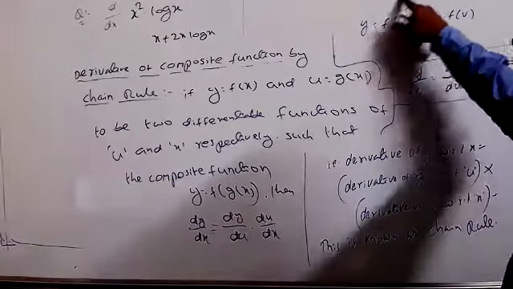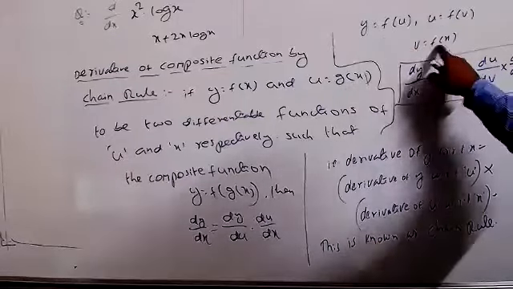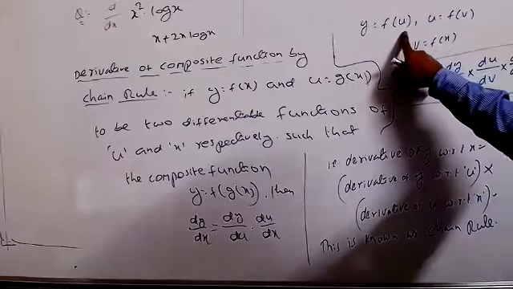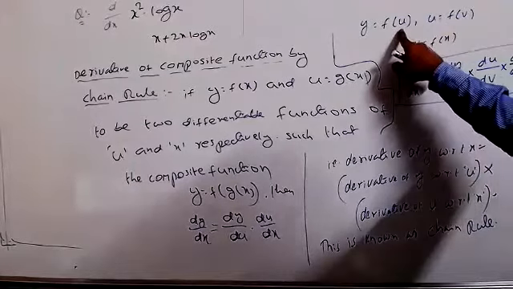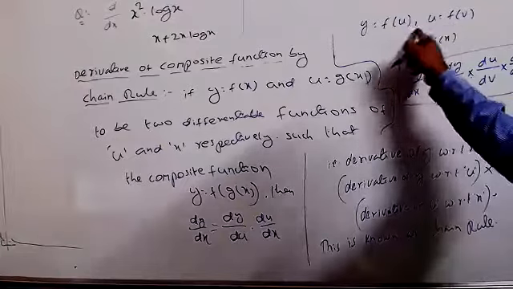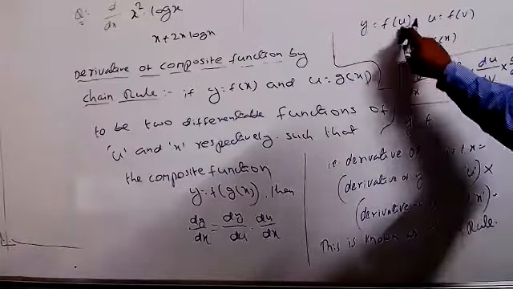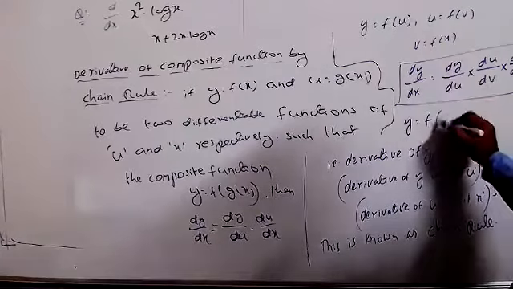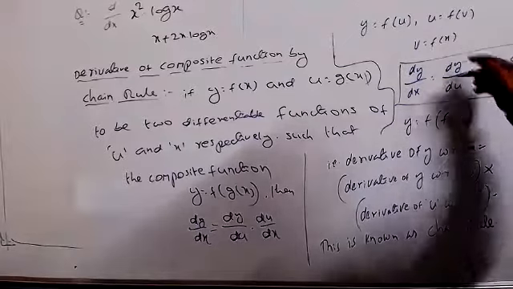But here, all these functions are composite to each other. Here u and v are the composition of y equal to f of u. Whatever the given function f of u, we are substituting here. y equal to f of u, and u equal to f of v. Again v equal to f of x.